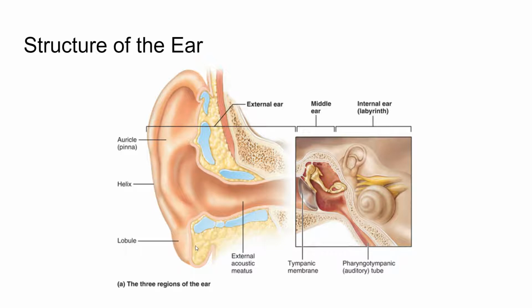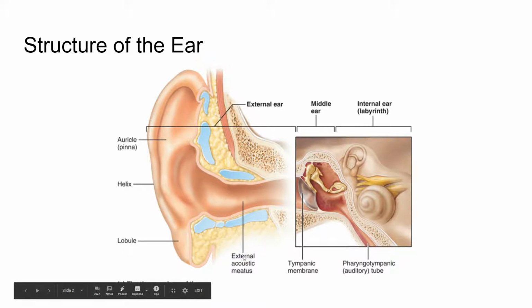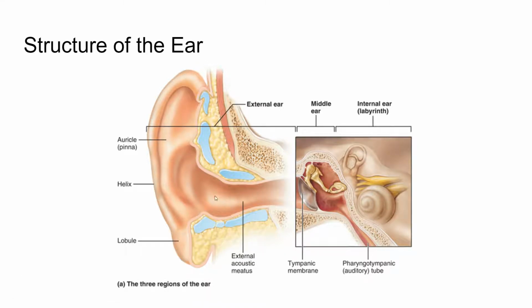All right, and then you have the external acoustic meatus, and that is a really big word for ear canal. Again, its purpose is to transmit sound waves to the eardrum. A couple other things about this ear canal: it's lined with hair and sebaceous glands, and something called ceruminous glands.